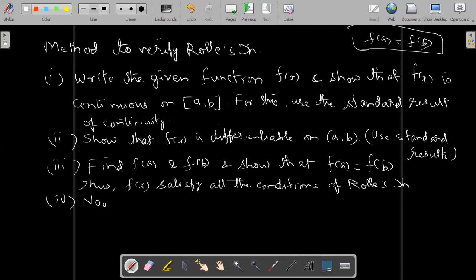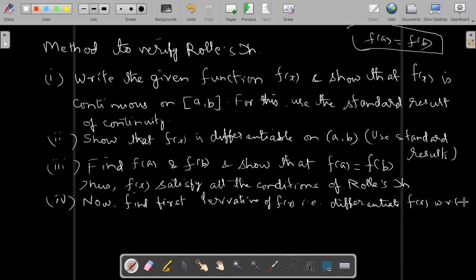Find the first derivative of f(x), that is, differentiate the given function f(x) with respect to x.